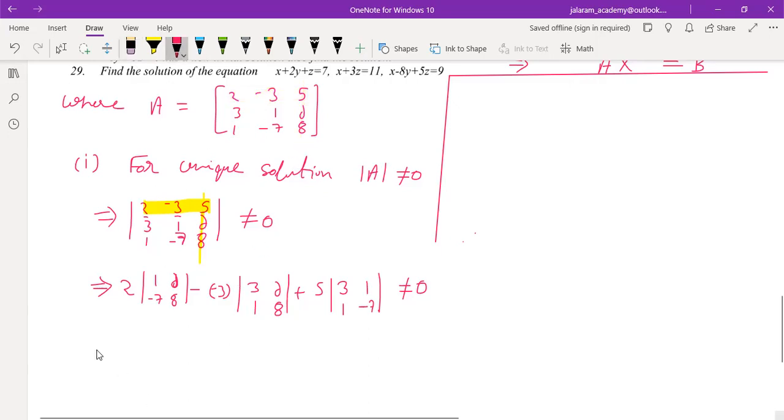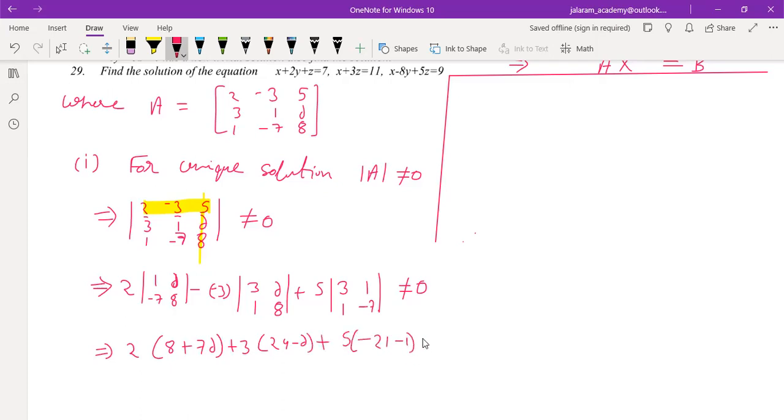So again, it is 2 into 8 ones are 8 minus 7 delta, means plus 7 delta. Minus, minus 3 into 3 8s are 24 minus delta, plus 5 into minus 21 minus 1, is not equal to 0. It implies 2 into 8, 16 plus 14 delta plus 72 minus 3 delta minus 22 5s are 110 is not equal to 0.